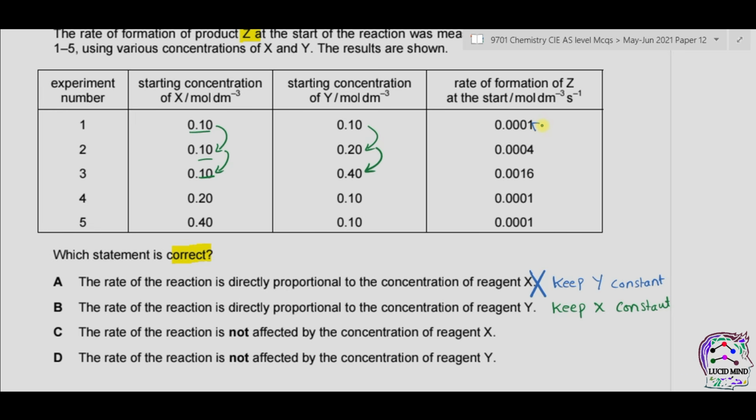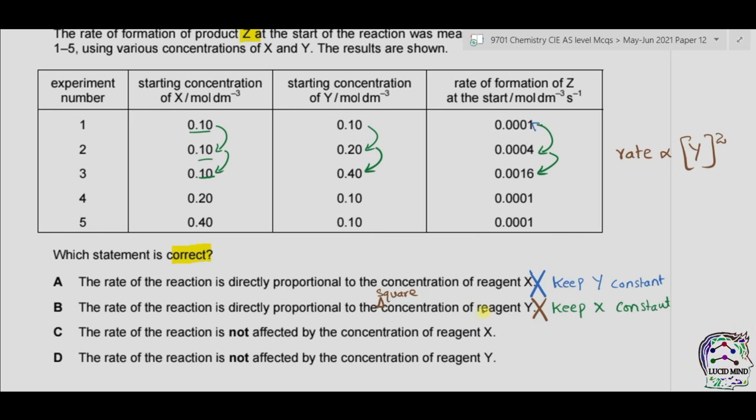Now the rate of reaction has increased 4 times and then again increased 4 times. So by increasing the concentration of Y, the rate of formation becomes 4-fold. For this we can write the equation: the rate of this reaction is directly proportional to the square of the concentration of reagent Y.